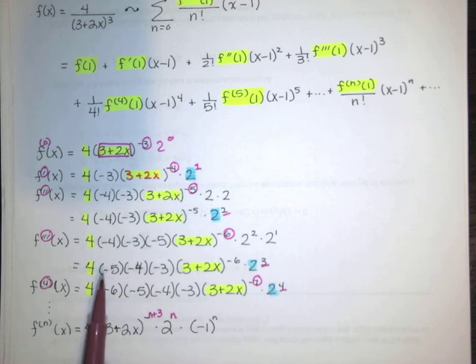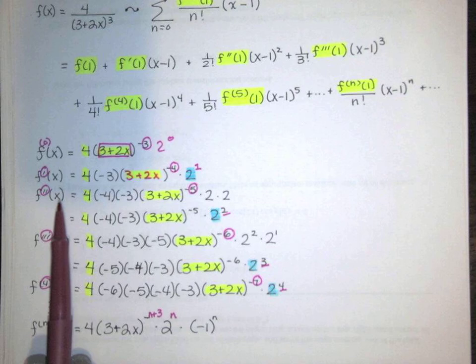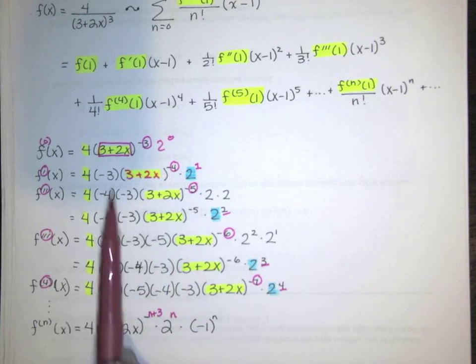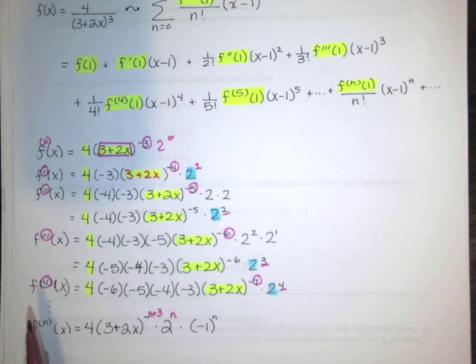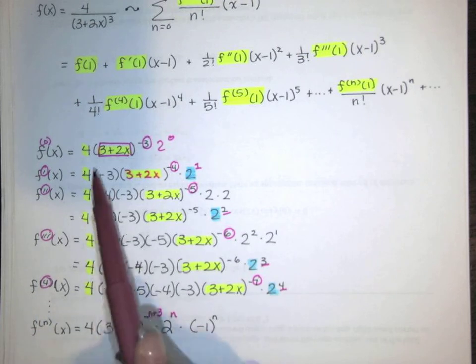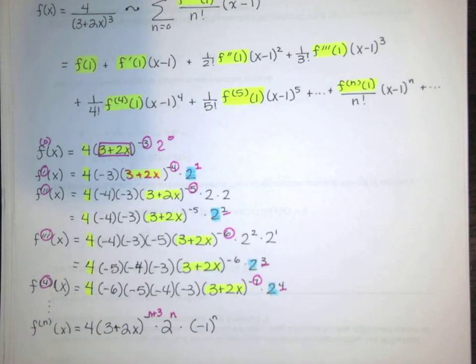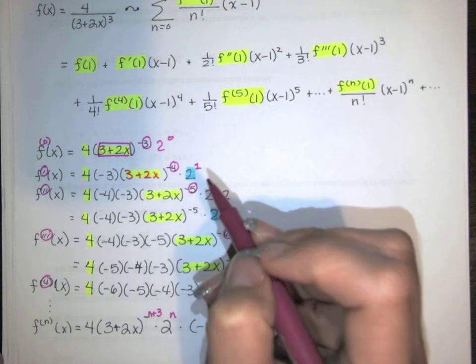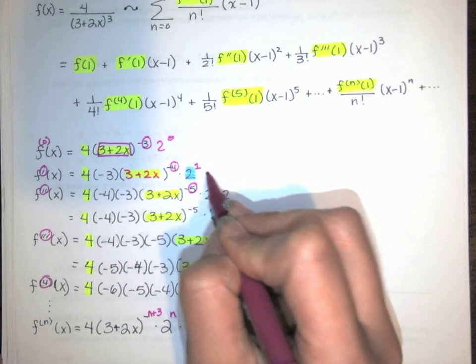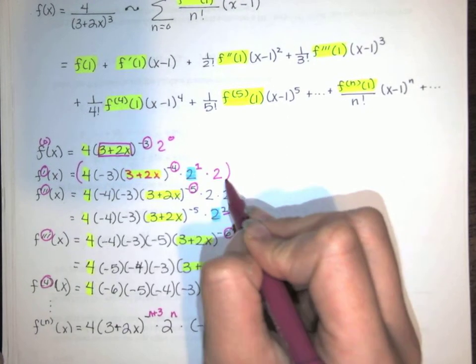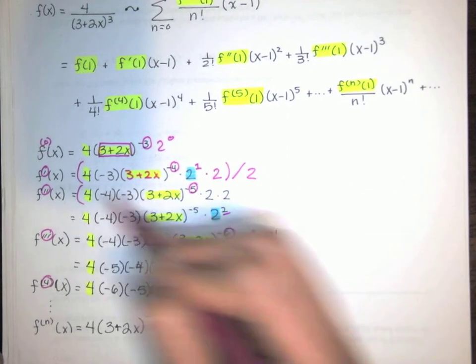Almost a 5 factorial, but there's a 2 missing. And that's almost a 4 factorial, but there's a 2 missing. And that's almost a 3 factorial, but there's a 2 missing. And that could have been a 2 factorial, but there's a 2 missing. So it's like we've got factorials here, but they're missing this extra factor of 2. Watch this. In order to make it the factorial that I need it to be, I'm going to multiply everything by 2. And that's legal as long as I also divide by 2.